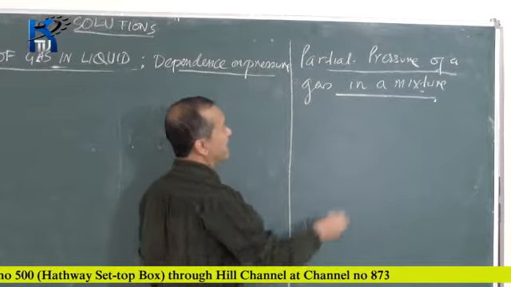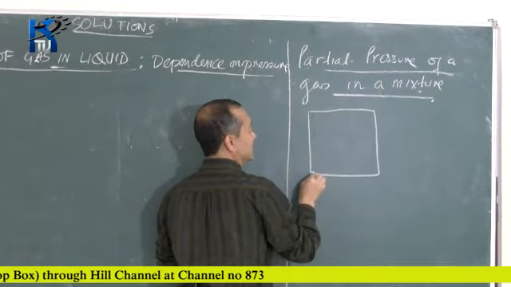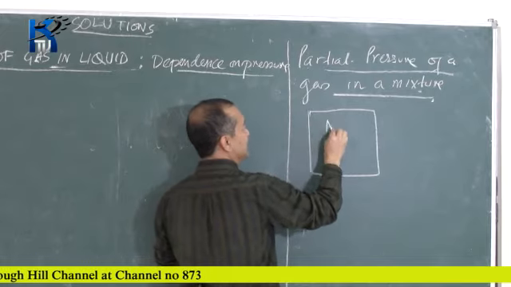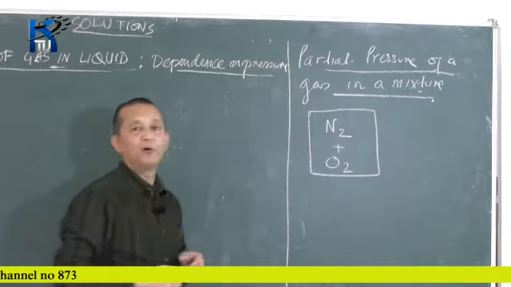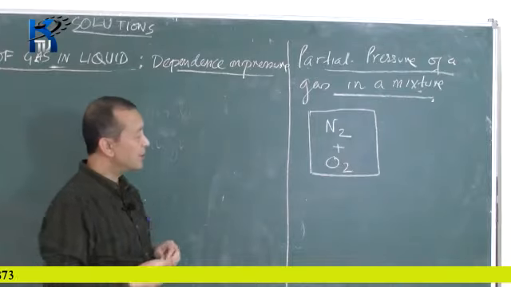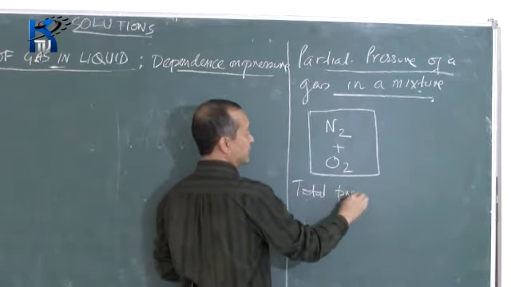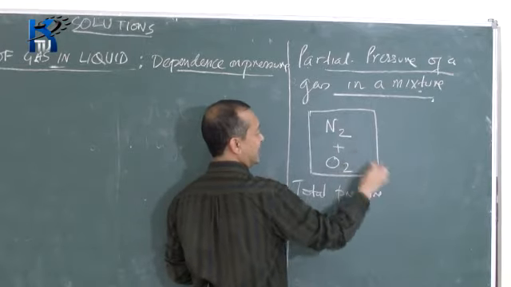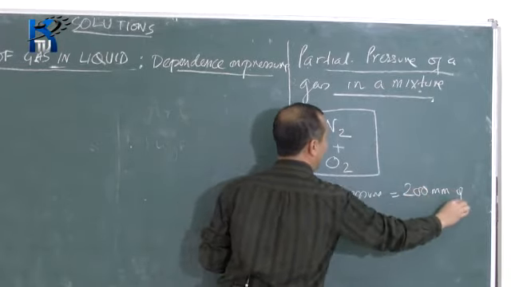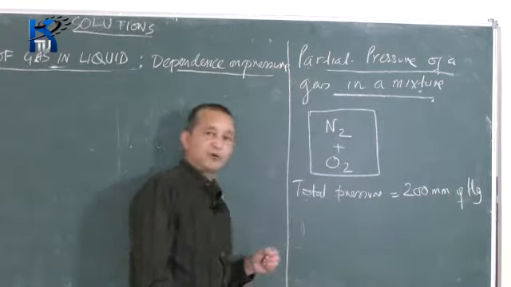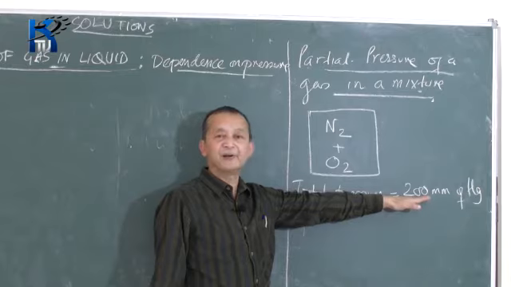Whenever we have a mixture of gas, supposing we have a box containing both nitrogen gas and oxygen gas. Supposing the total pressure of the gas mixture in this box is 200 millimeter of mercury.